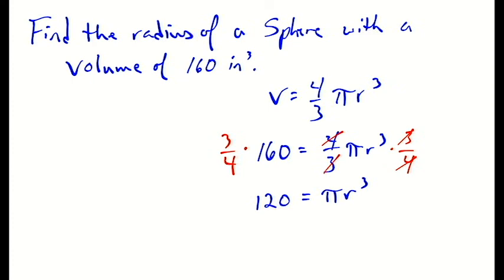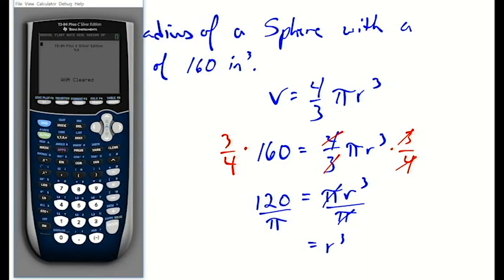Now we still have to move away the rest of the multiplication here, so we're going to have to divide by pi, which will isolate the r cubed. So 120 divided by pi puts us at 38.197.